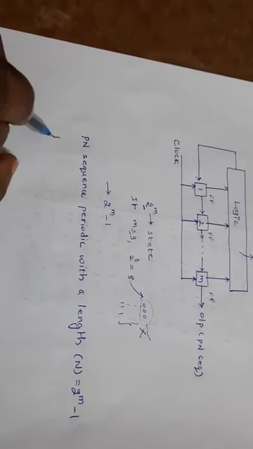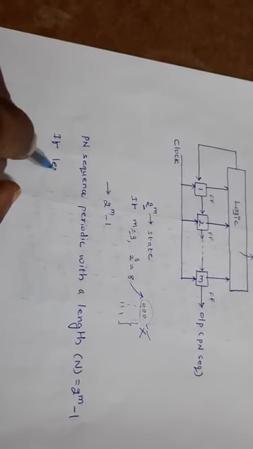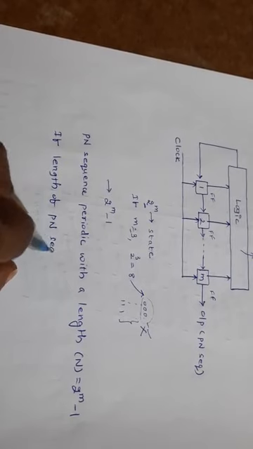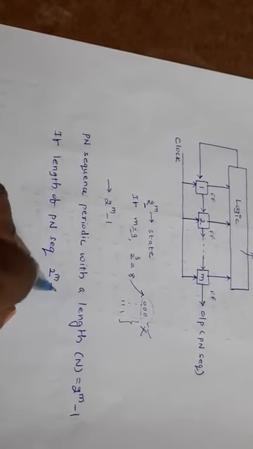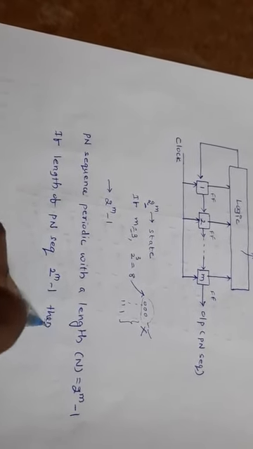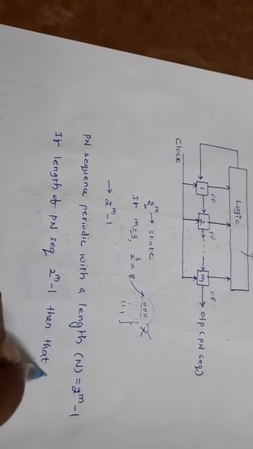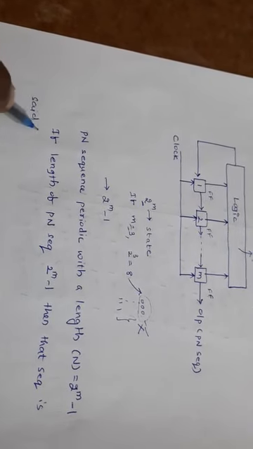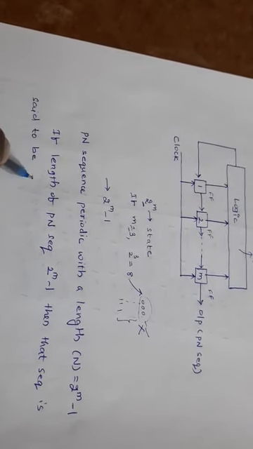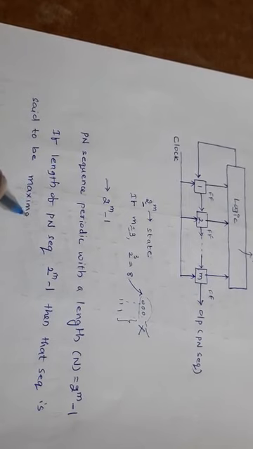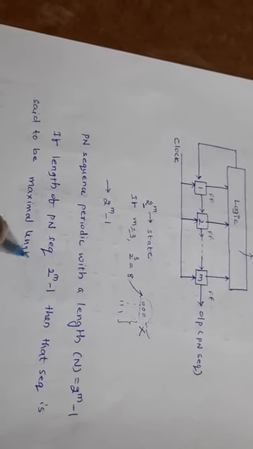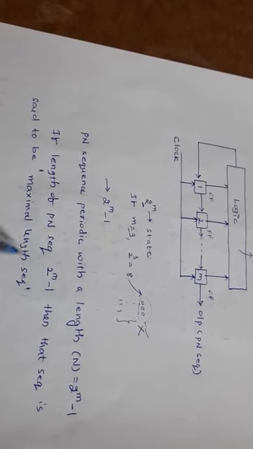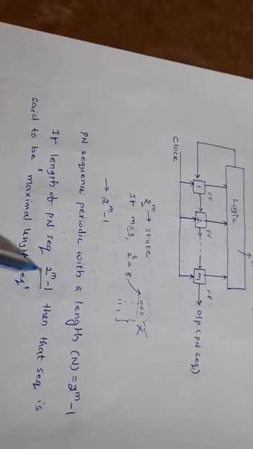If the length of the PN sequence is 2 to the power of m minus 1, then that sequence is said to be a maximal length sequence. Maximal length sequence means a sequence which has a length of 2 to the power of m minus 1.